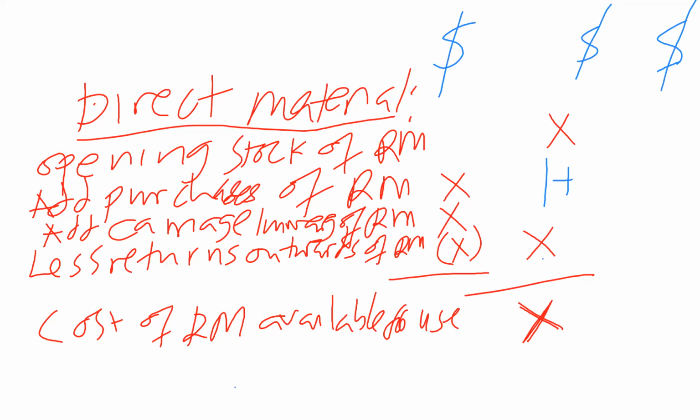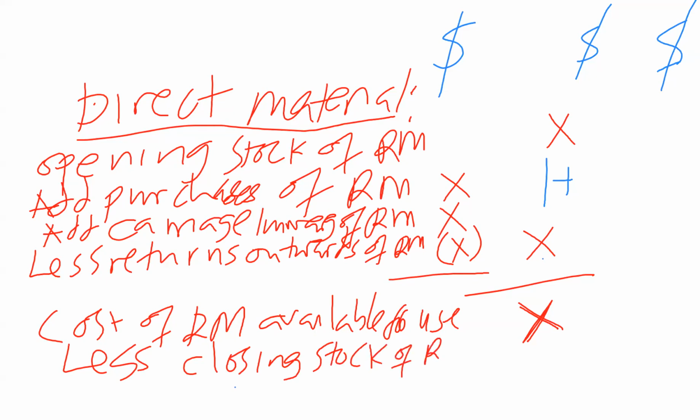Okay, are we together so far? Yes, sir. Okay, so from here you have to less the closing stock. Closing stock of what? Of raw materials, okay? Less the closing stock of raw materials, like that.